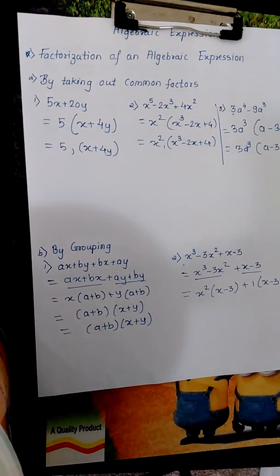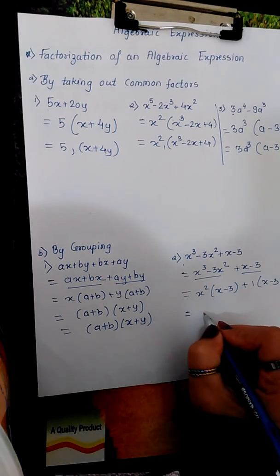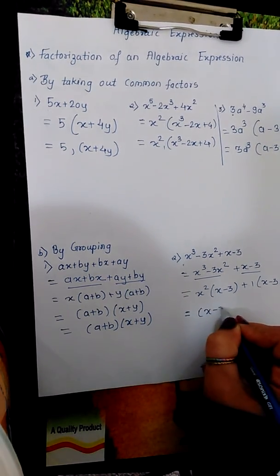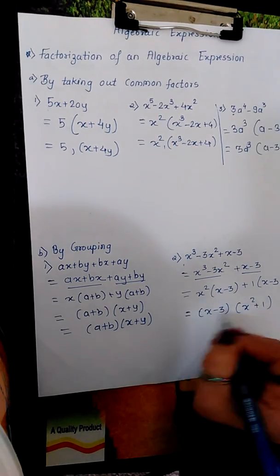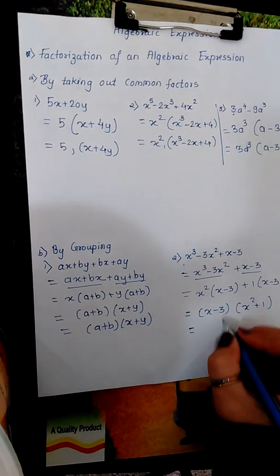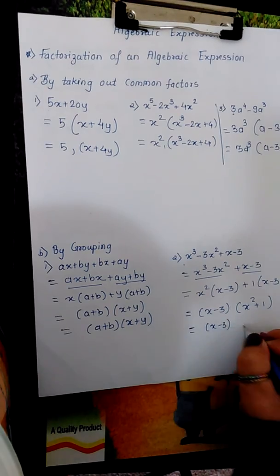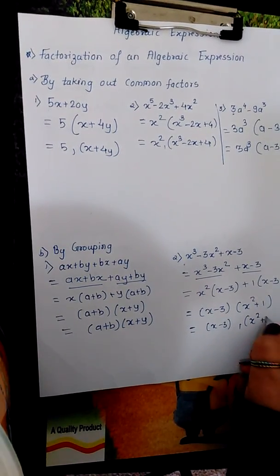So that equals x minus 3 in the first bracket and x square plus 1 in the second bracket. So the factors will be x minus 3 and x square plus 1.